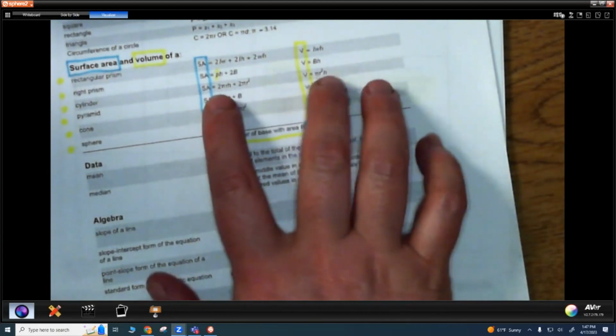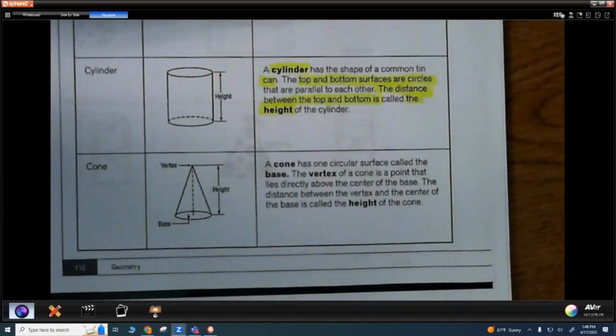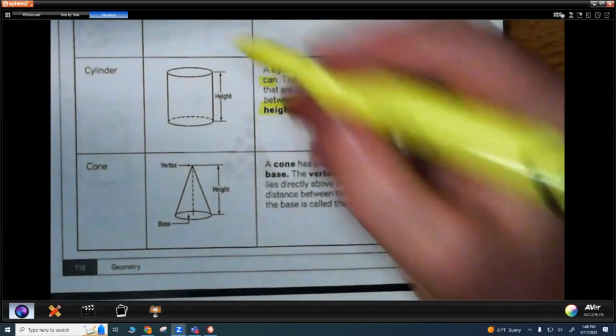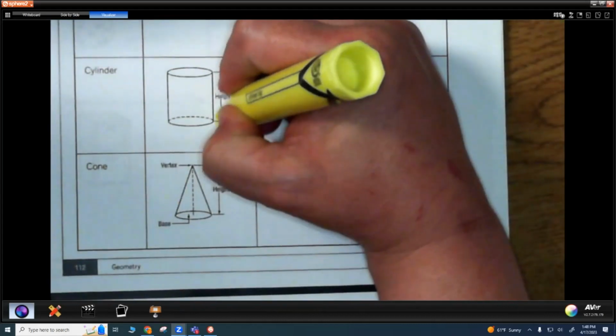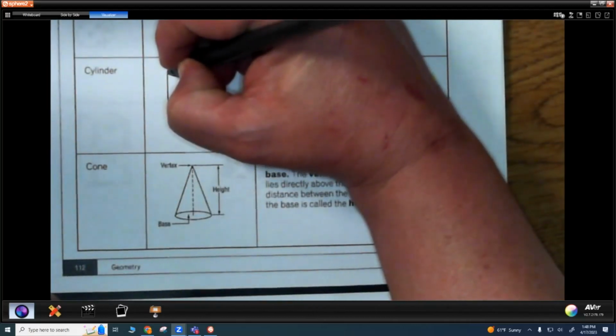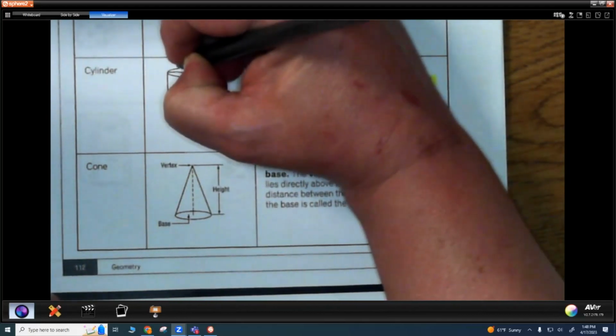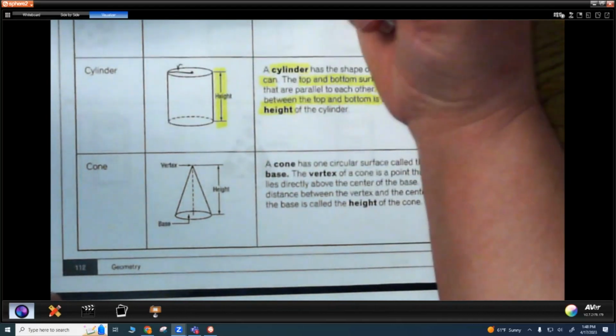So height, the variable h, is going to be necessary to work with cylinders. This is the other important dimension of a cylinder. The other important thing is that since you have a circle, you'll need to know the radius of the base.